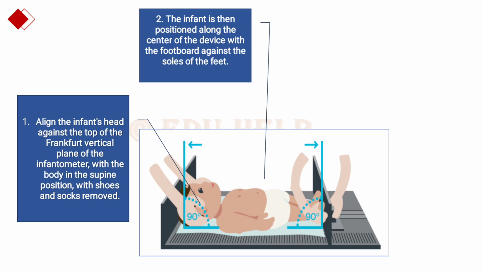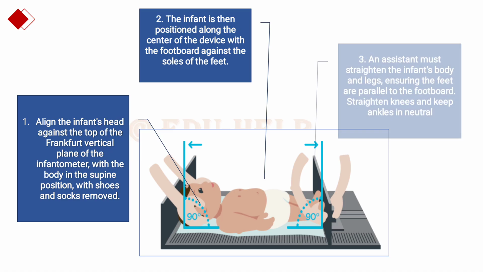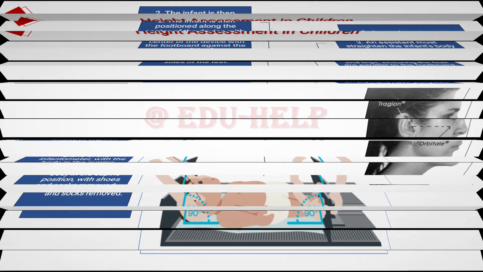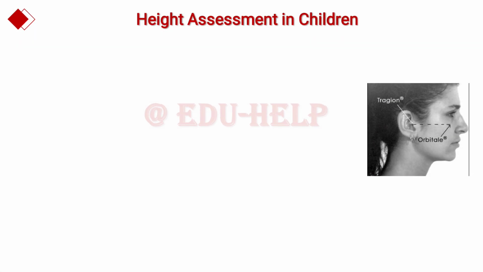Then, the infant is positioned along the center of the device with the footboard against the sole of the feet. Finally, an assistant must straighten the infant's body and legs, ensuring the feet are parallel to the footboard, straighten knees and keep ankles in neutral position. And finally, the measurement should be taken twice.